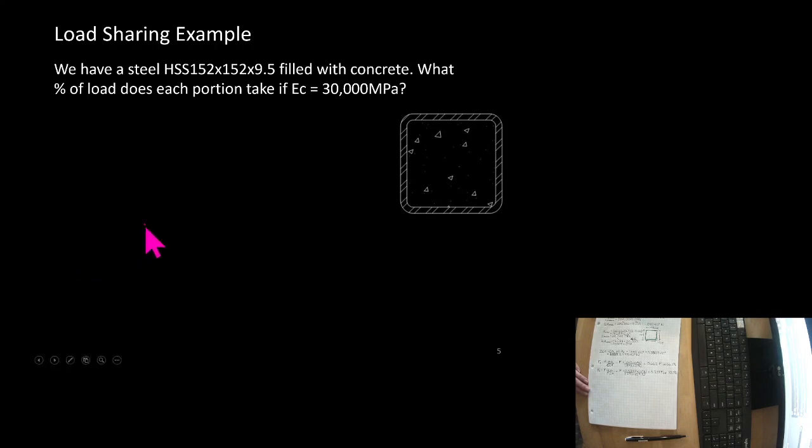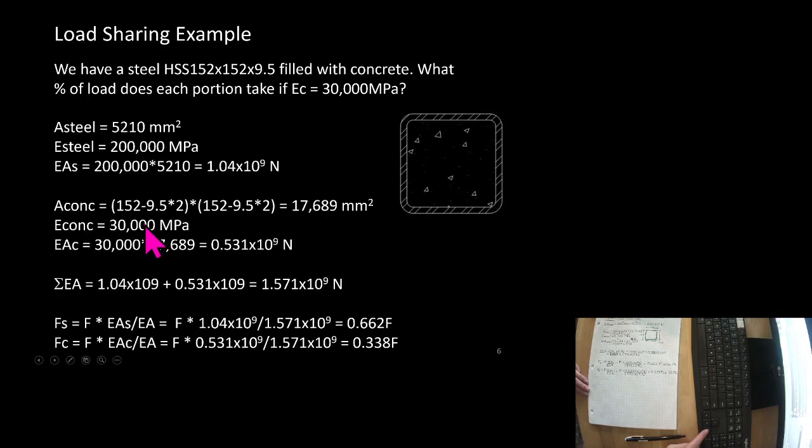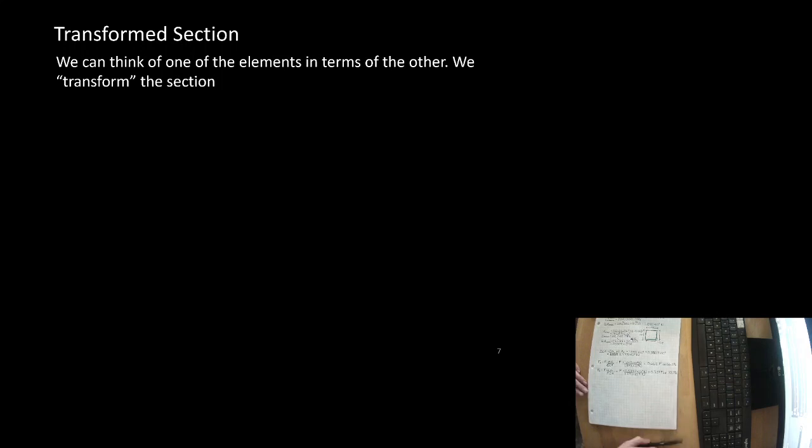So there's another part to this I want to talk about. Here that is all worked out. One of the things we can do, because this is kind of hard to just see at a glance, is transform the section, or pretend they're both the same material. We talked about the area and the stiffness. So instead of having different EAs, we'll figure out what the total EA is and talk about them both as if they were the same material.